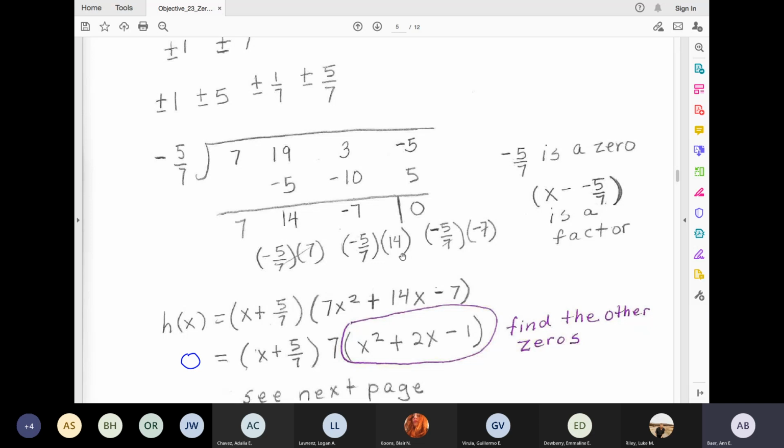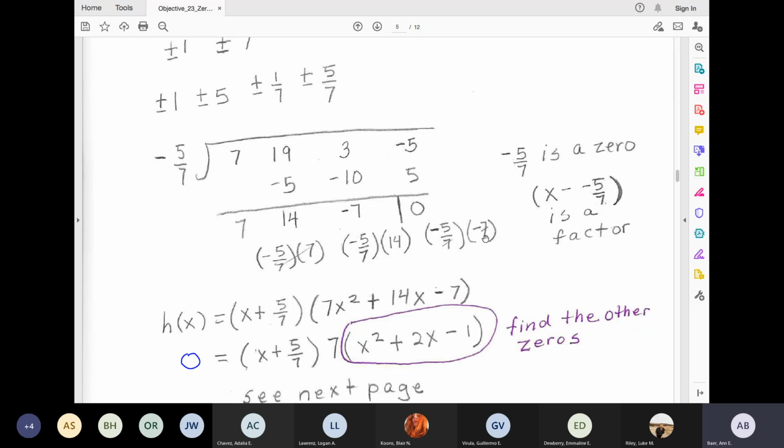We could figure this out on our calculator. Okay, let's do it this way. 14 divided by 7 is 2. 2 times -5 is -10. So we add these straight down, get -7. Now we need to multiply. -5/7 times this -7.